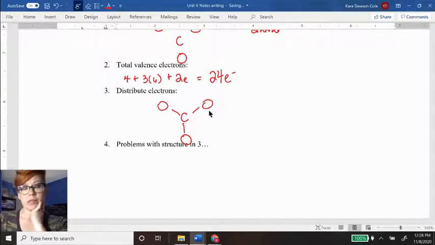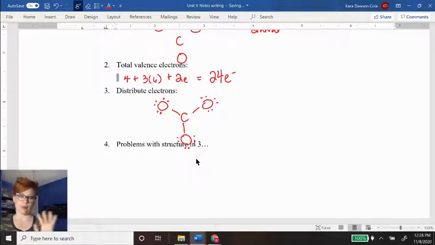I have 18 total electrons that I need to put in. So then I can rotate in 1, 2, 3, up to 16, 17, 18. Now I have all of my electrons in there.